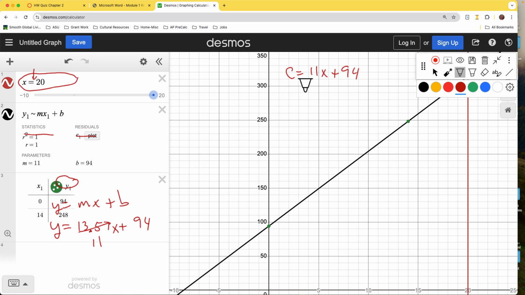We were finding out what the cost is going to be when x is 20 years. 20 times 11 is 220. 220 plus 94, that's going to be 314.